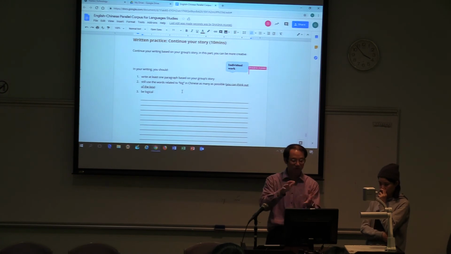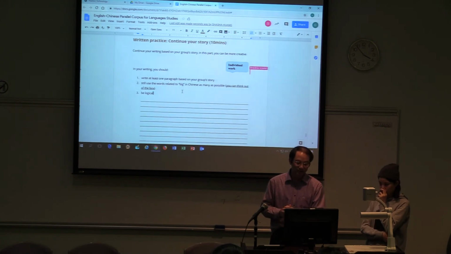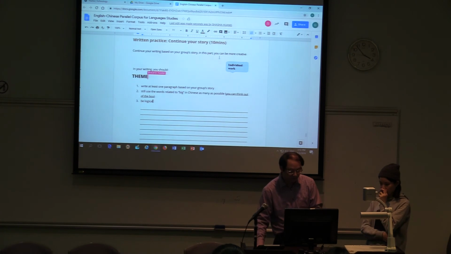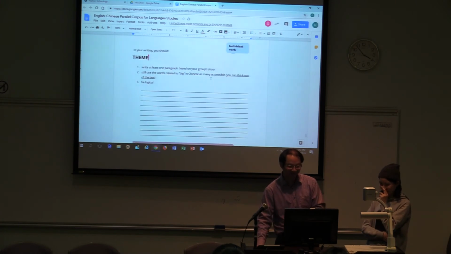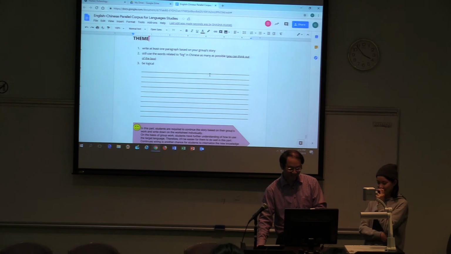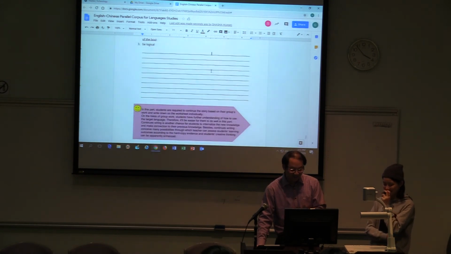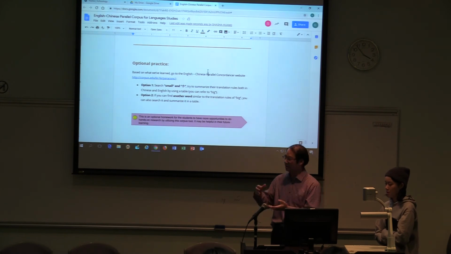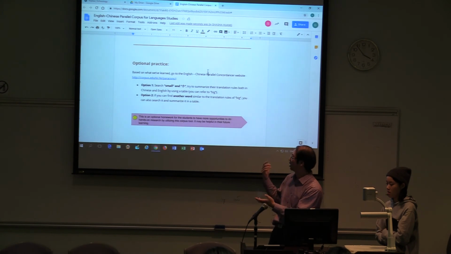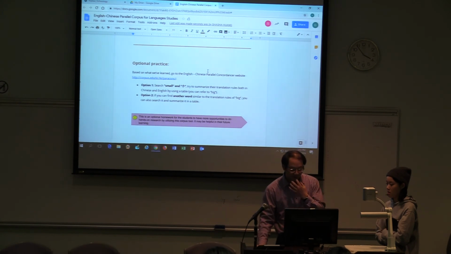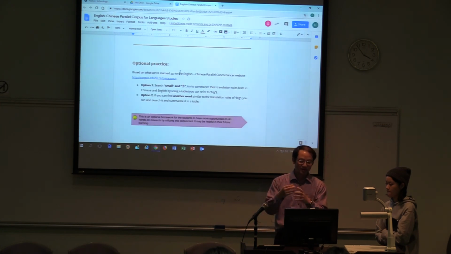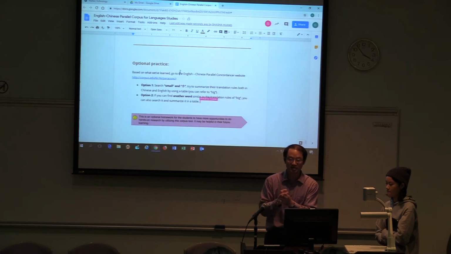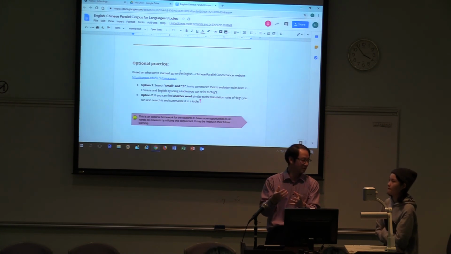Okay, think about the structuring. And then optional practice, yes. Then encourage students to further explore words like small and shell. And also, as I said, the four-character idioms in Chinese can be a particularly interesting area.